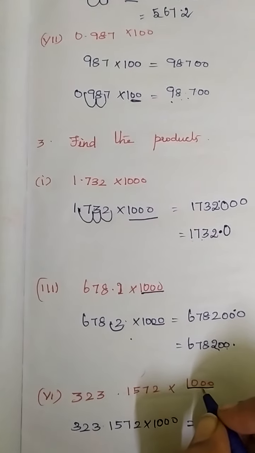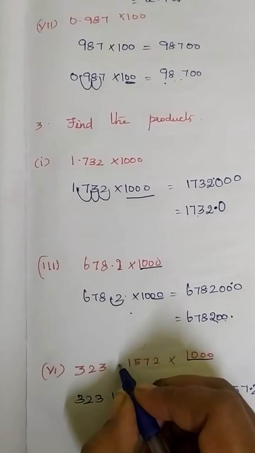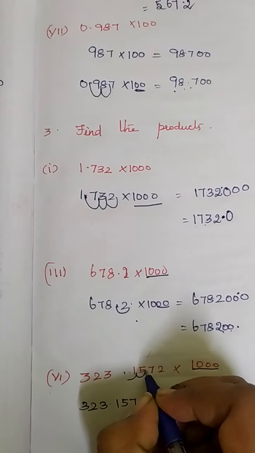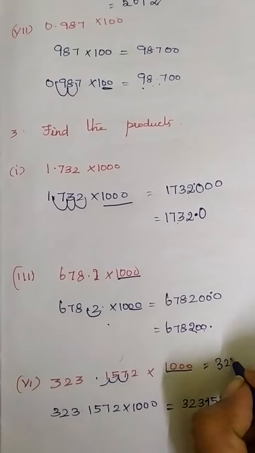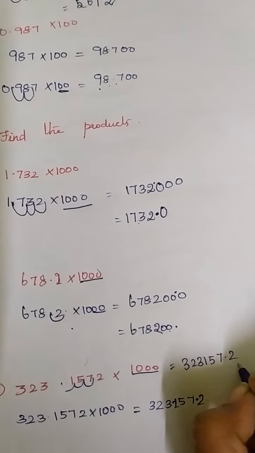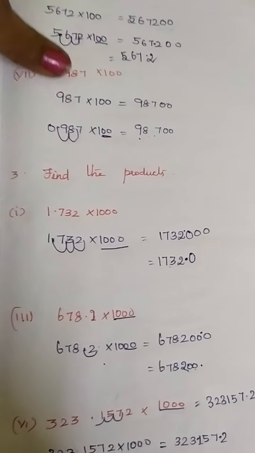Multiplying by 1000, how many zeros? 3 zeros. So the decimal point has to be moved how many steps? 1, 2, 3. So your answer is 323,157.2.